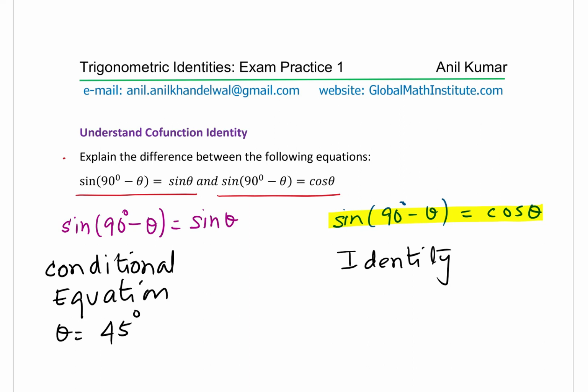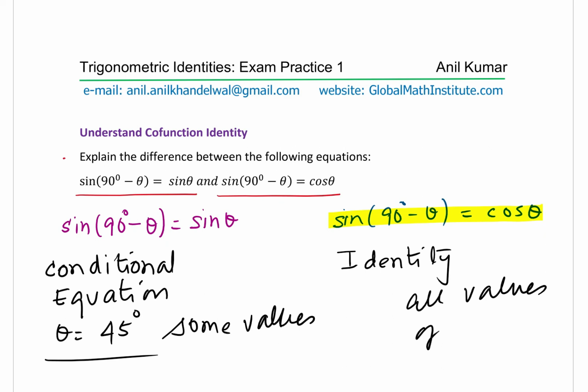So likewise, we could have some values. But the identity is true for all values of theta. Is that clear to you? So that becomes a trigonometric identity, and this is a conditional equation. So your answer is that this is a conditional equation, the other one is an identity, and that is how you could show it.